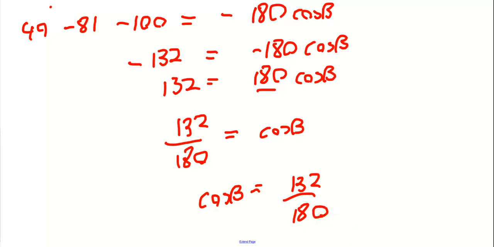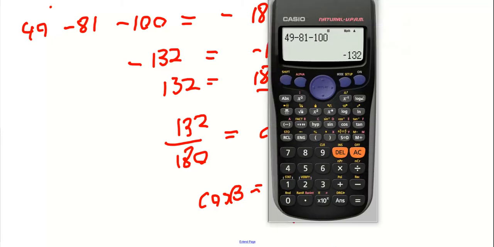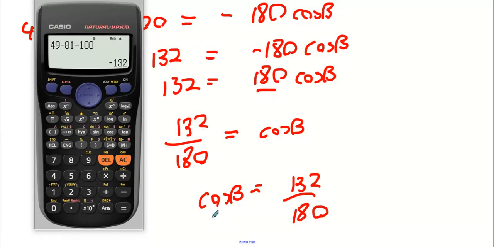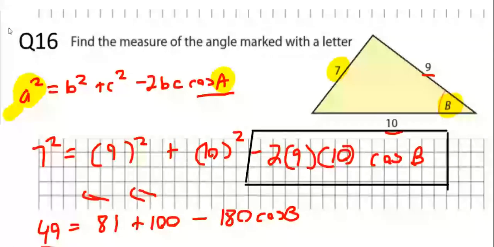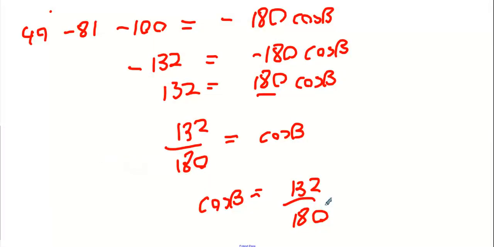Now, because this is an angle question, lads, it has to end using an inverse function. Because I'm using cos this time, I need to use cos inverse. Shift cos inverse 132 divided by 180, and then we're going to see what it is. It's an angle of 42.83 degrees, so just call it 42.83. Just ask me for the angle, and we're done.